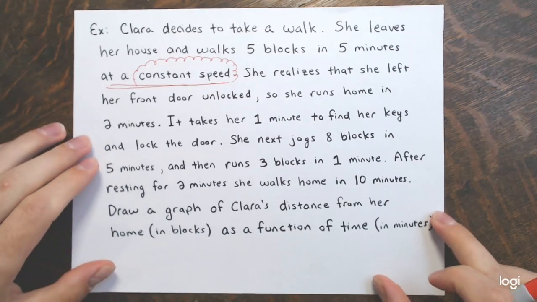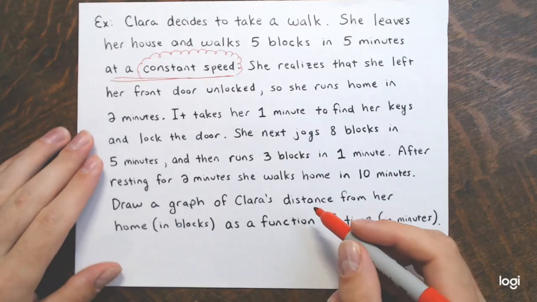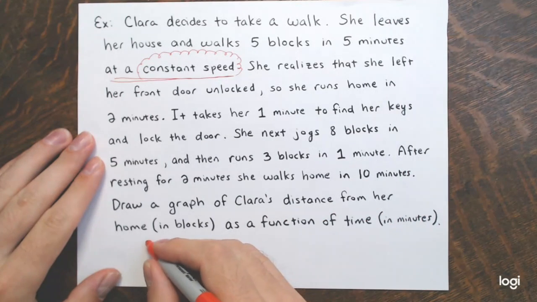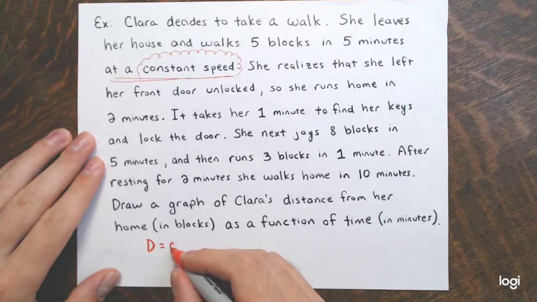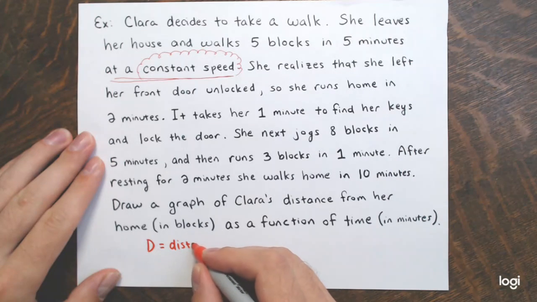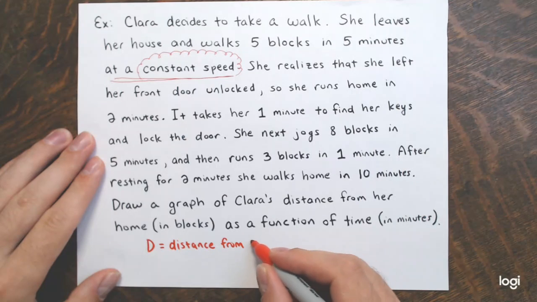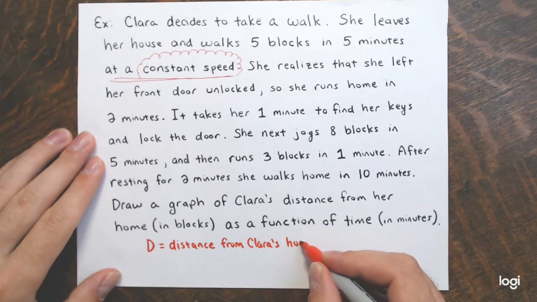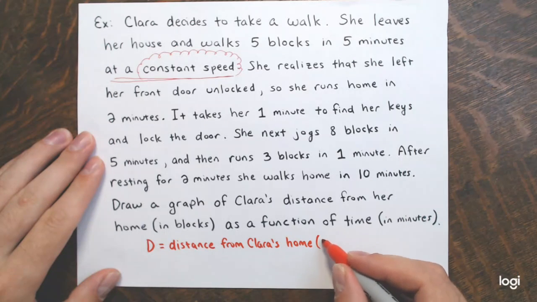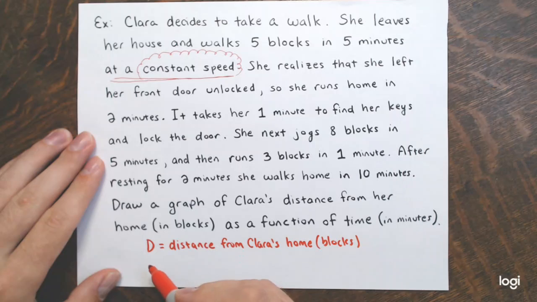All right, so I'm going to assign these quantities a letter or a variable, so I just don't have to keep writing them. So I'm going to have D represent Clara's distance from her home, and this will be in the units of blocks.